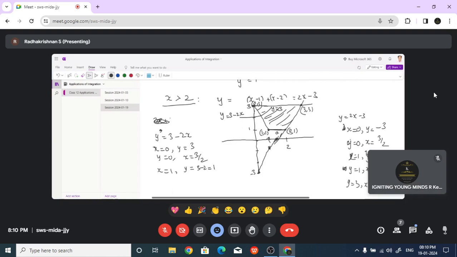Suppose this is A, this is B, and this is H. What is the area of the trapezium using A, B, and H?